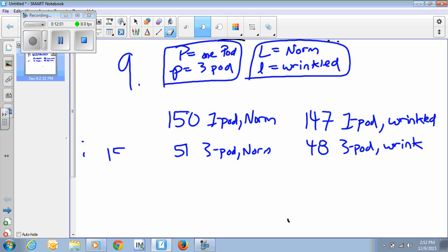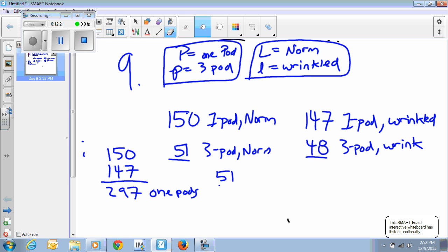We have 150 right there, and then we have 147. There were no other 1 pods, so we get 297 1 pods. And then let's tally up the 3 pods, 51 and 48. We're going to get 99 3 pods.